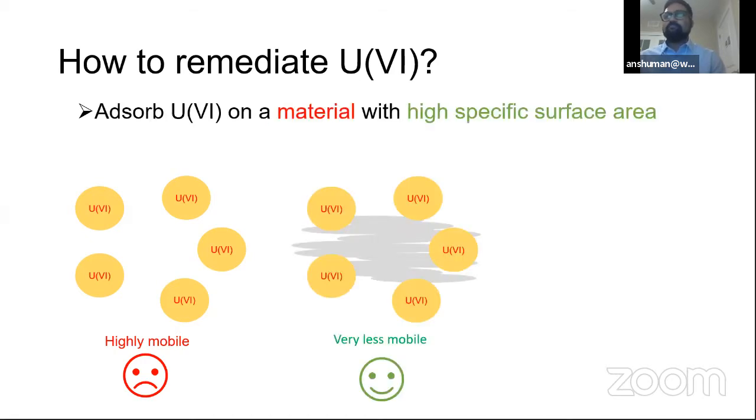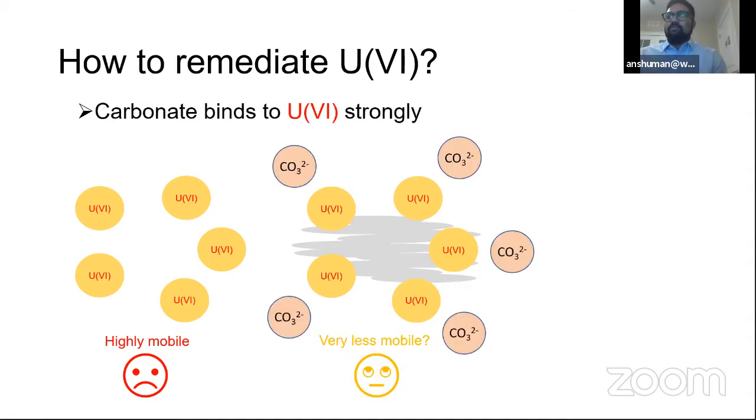We can adsorb it onto a material which has very high specific surface area, which is a term we use for sorbent material or adsorbent. Specific surface area is basically surface area per unit mass of the material. But it has an enemy, which is carbonate.